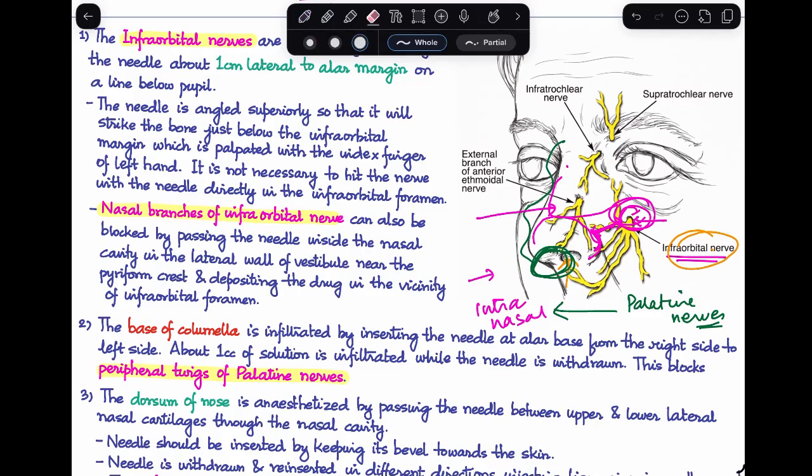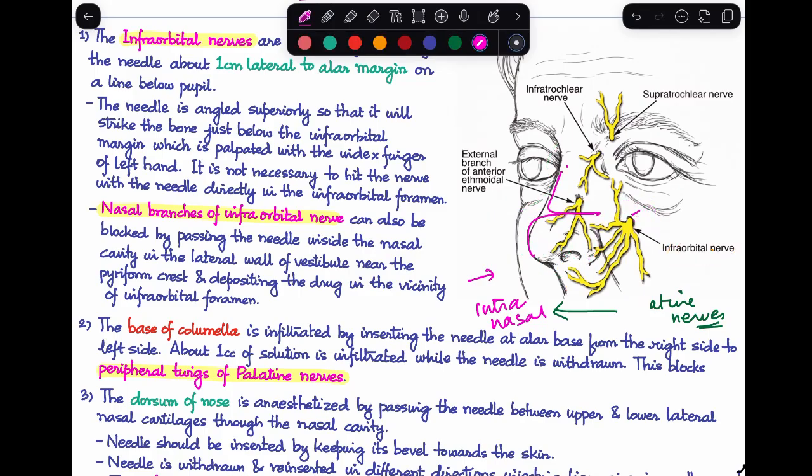The needle is inserted keeping its bevel towards the skin. As you insert, we slowly withdraw and keep reinserting it in different directions, leaving lignocaine solution everywhere.